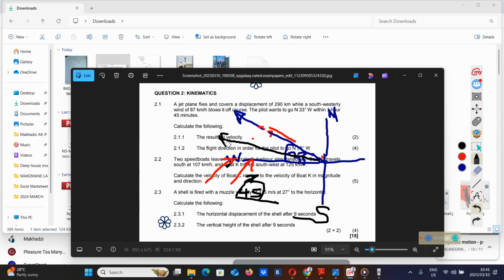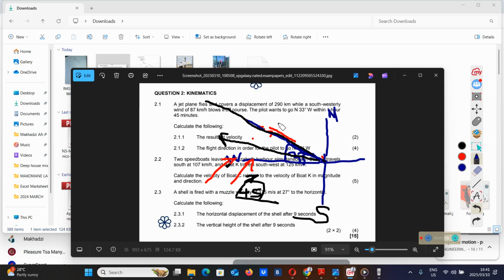Then the pilot must take this direction of this black line. Then if we take the direction of that black line, as a result, the movement of the jet will end up being this direction, which is the desired direction.